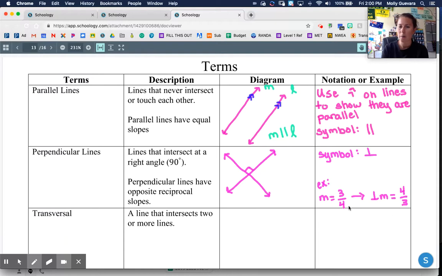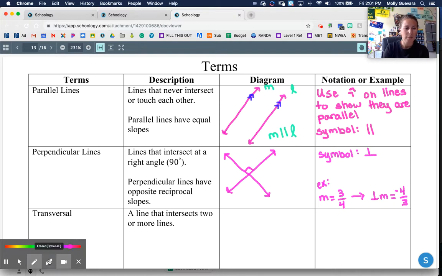And then opposite means that I make it negative since this was positive. If this one's negative, then it would become positive. So you just flip the sign and you flip the fraction. So the opposite part is the positive negative, and then the reciprocal part is the flipping of the fraction.